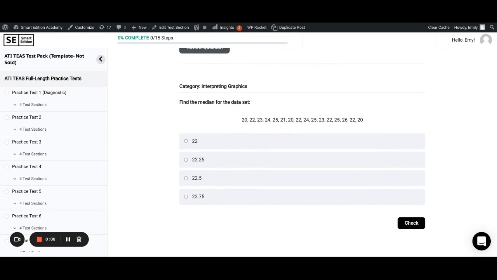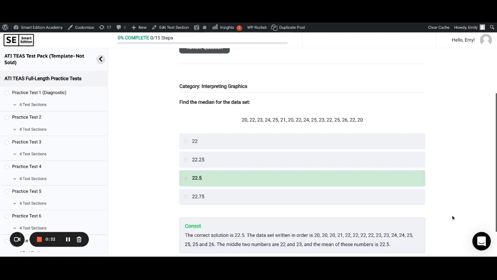Okay, question number 1. Find the median for the data set. I'm going to give you guys a few seconds here. The answer is C, 22.5.